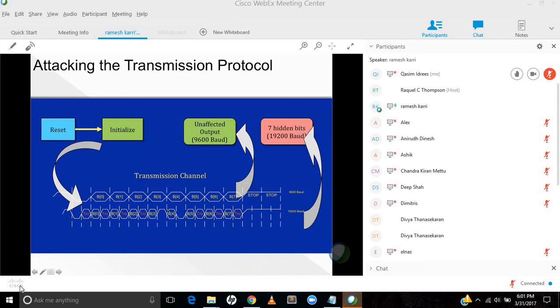So if your receiver is tuned to this baud rate instead of this, then it can read this message, which includes the original message as well as the subliminal covert message. If the normal channel is this, the normal receiver will operate at this rate, and it will get the normal thing. So normal mode this way, attack mode this way, that's how you can transmit stuff.